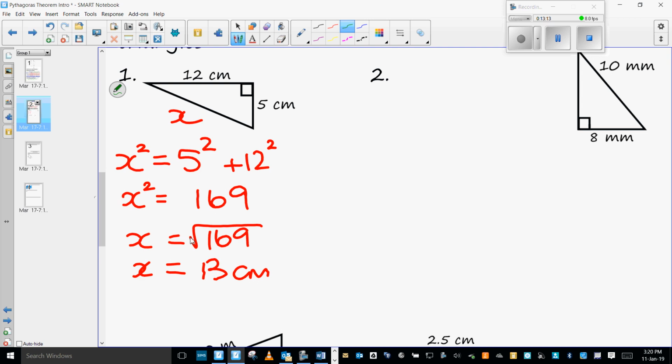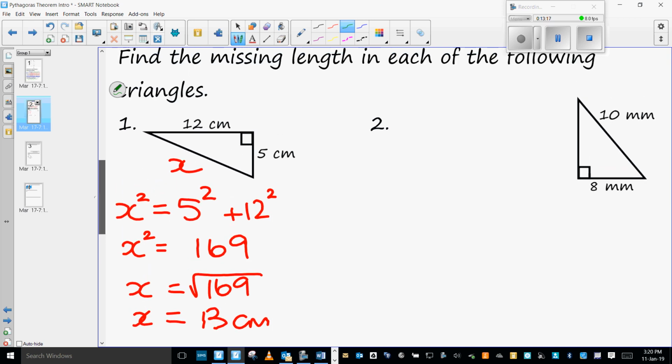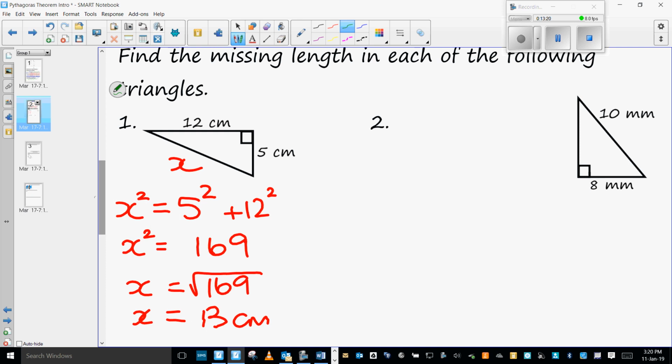Now this next one is a bit trickier. Why would this one be trickier? Because in this question here, we've been given the longest side.